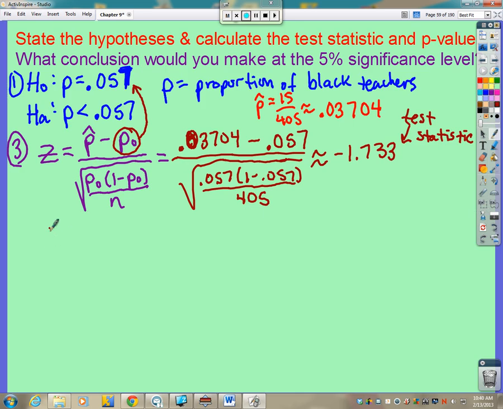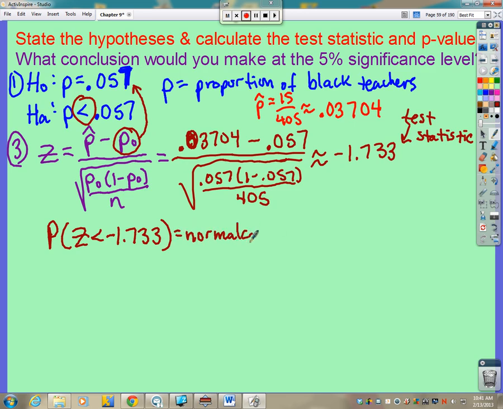So now we want to find the probability of obtaining a z-score that is, now which way do I want to go? Oh yeah, I want to go less than my z-score, negative 1.733. And I will be using normal CDF.